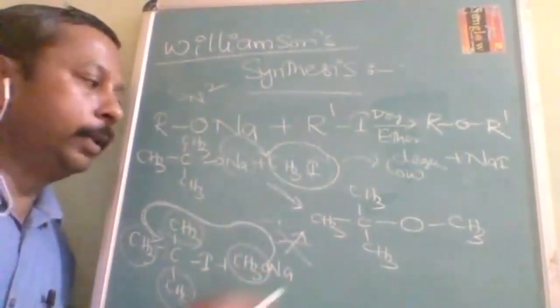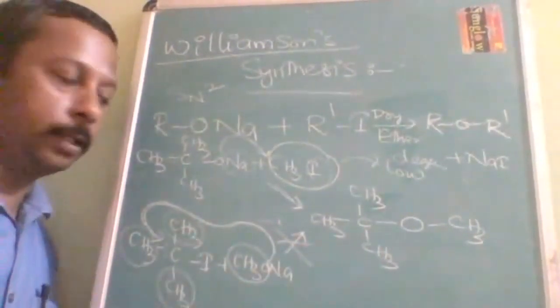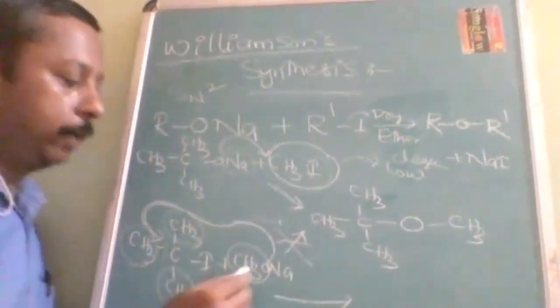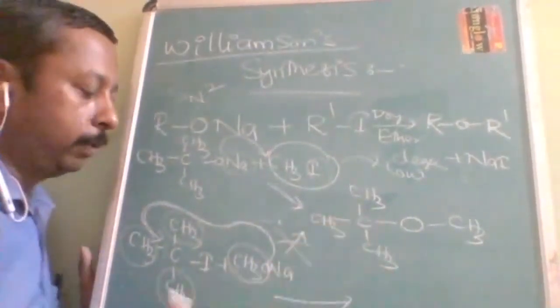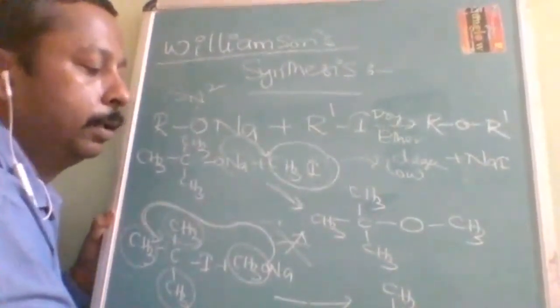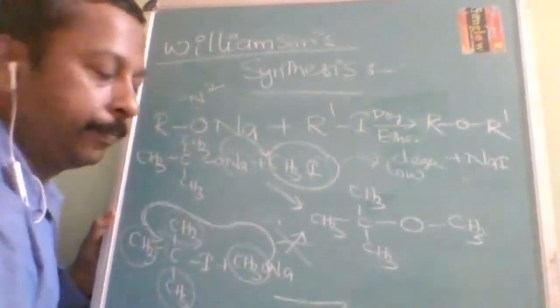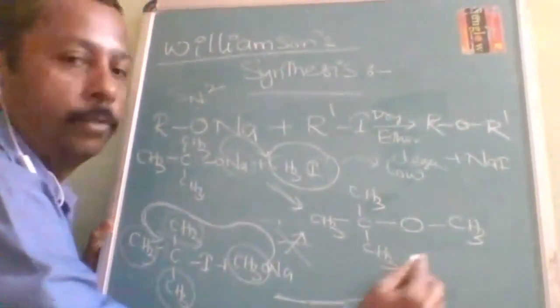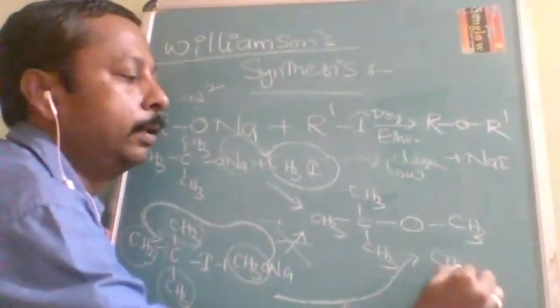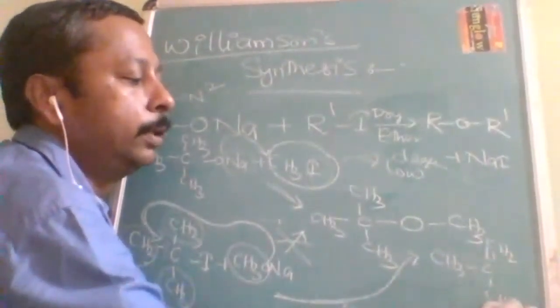Instead of giving this reaction, it will undergo elimination. So if we wanted to prepare this ether, what we will get is this product, CH3 C double bond CH2 single bond CH3.